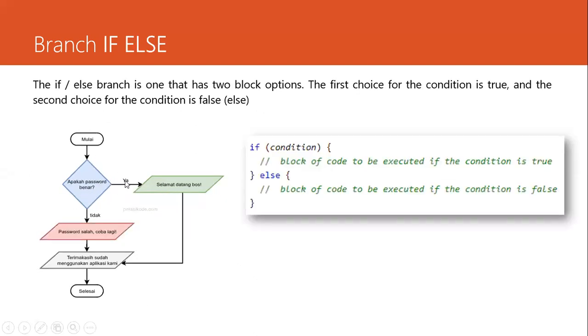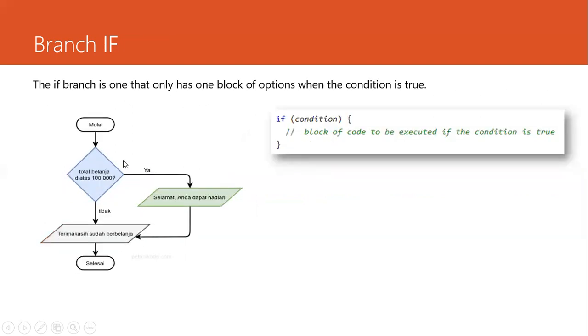In if else, we have two options, yes or no. If yes, it will run a block of code. If no, it will run another block of code, and then we can continue to another block of code. So you can see the difference.